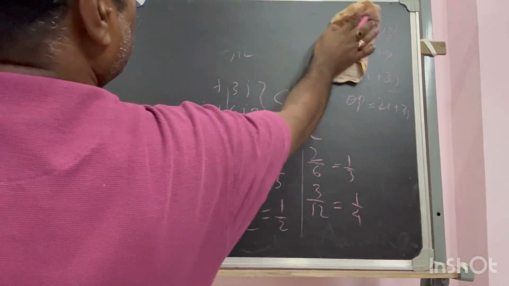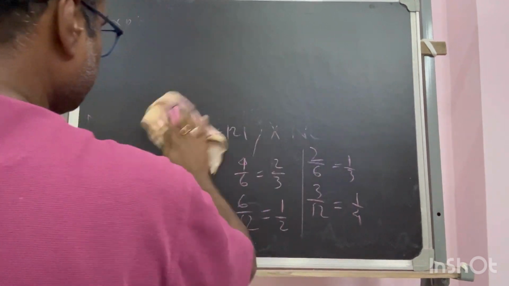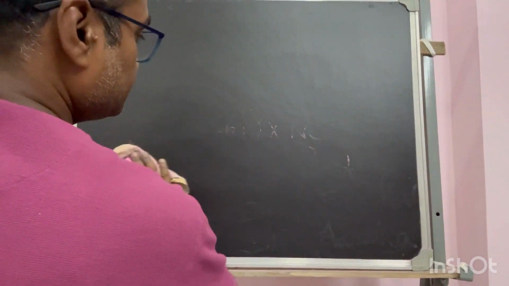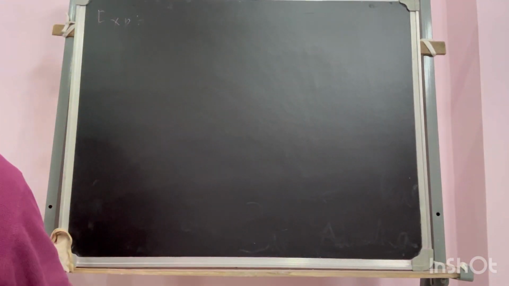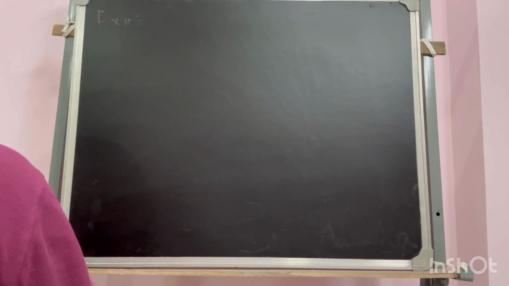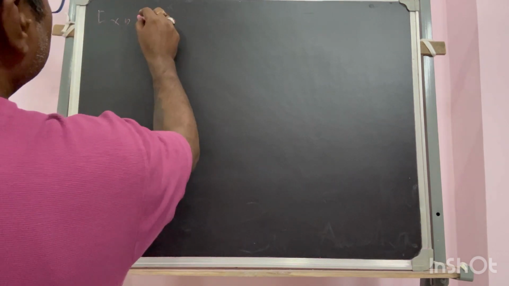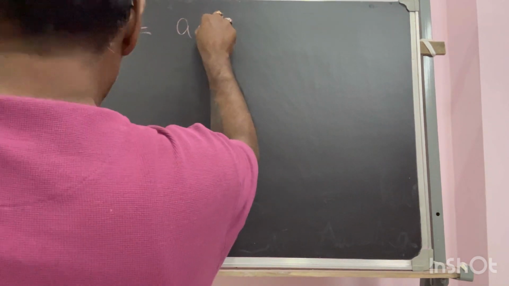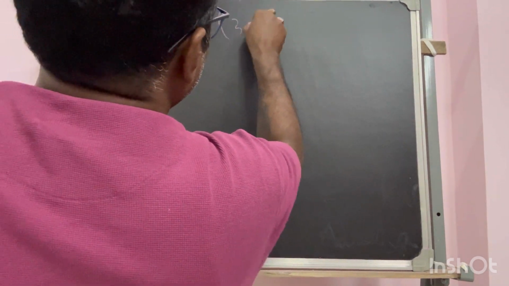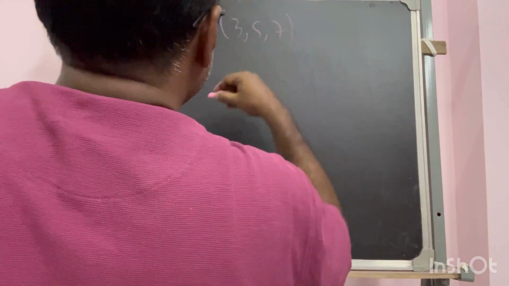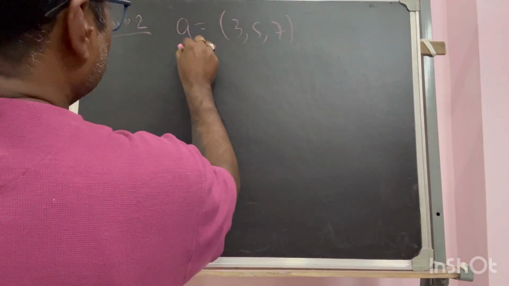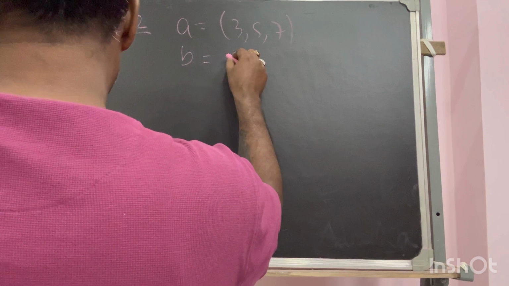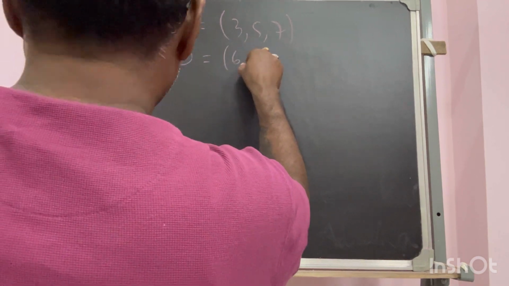Let me take another example. In this case it is example number 2, and the vector A is represented, this time in Cartesian representation, because there are three components coming, x, y and z.